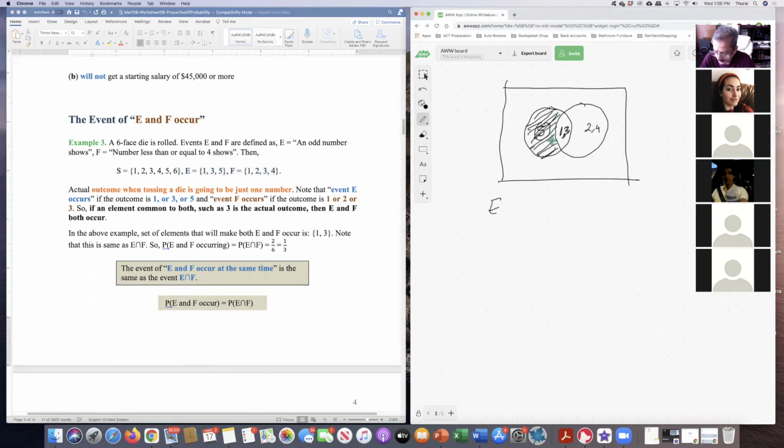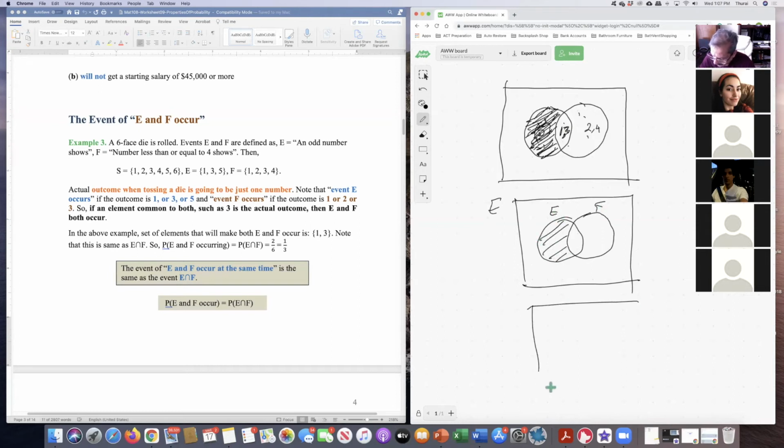If the outcome is anywhere here in this part, then E occurs but not F. For F to occur, the outcome has to be somewhere in F, so F will not occur if the outcome is here. If the problem asks you to show the region that represents E occurring but not F, that will be this.